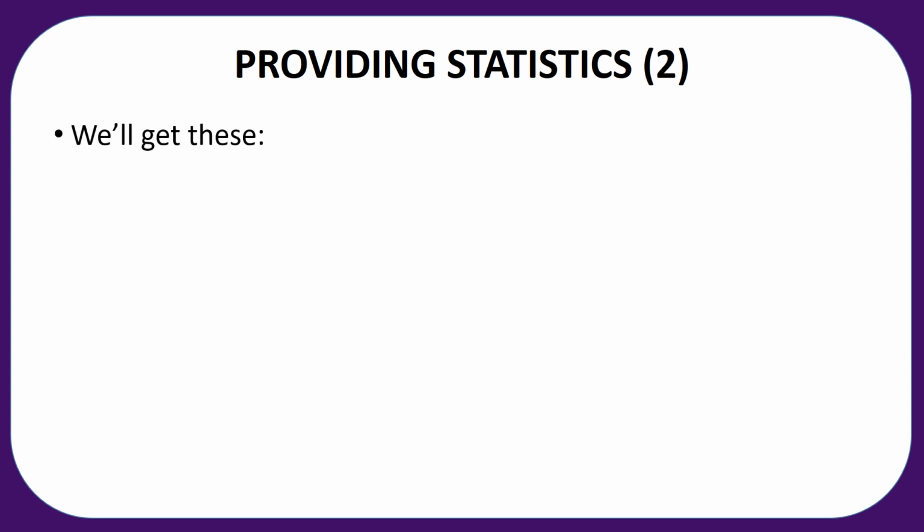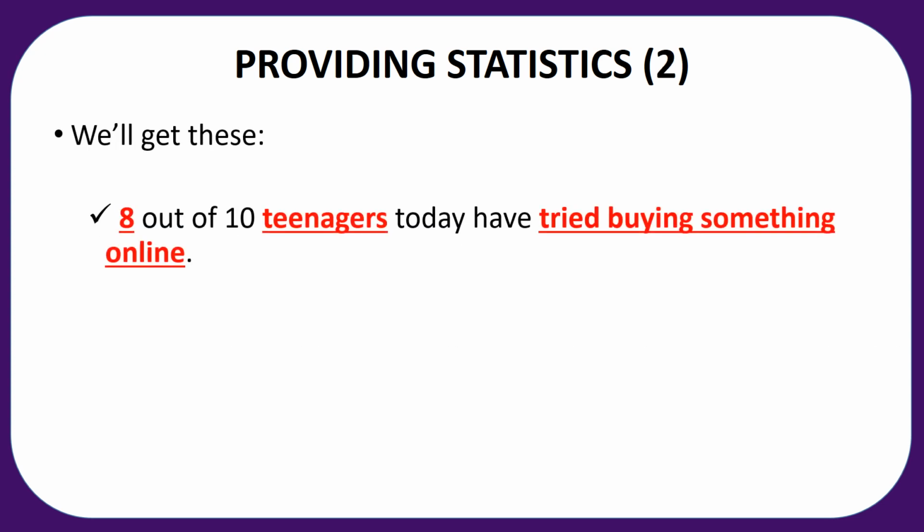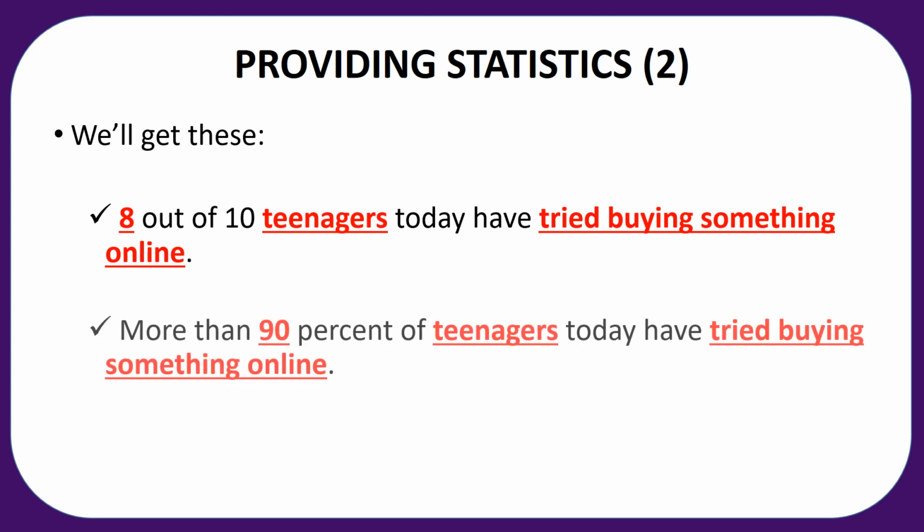Let's look at some examples. 8 out of 10 teenagers today have tried buying something online. You see? 8 out of 10 teenagers today have, what have they done? Tried buying something online. The other one: more than 90% of teenagers today have tried buying something online.